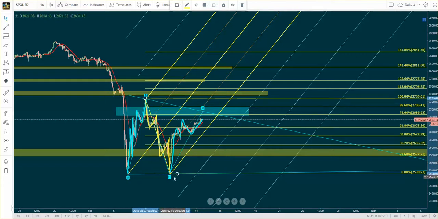So this is a downslope triangle, so obviously this would be the base of a triangle, flat base, and we should locally top somewhere inside this cluster between the 78 and 88.6 retracement areas.